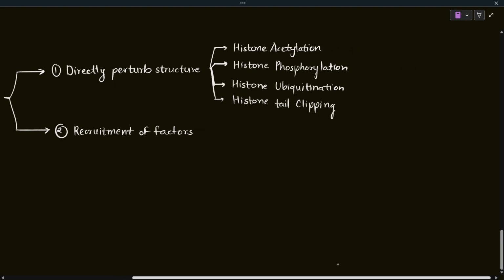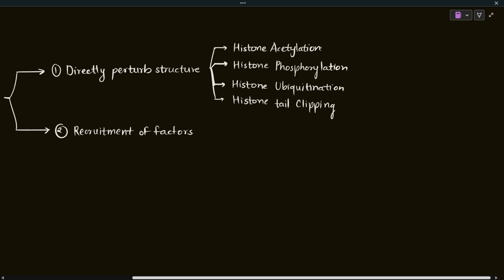In histone acetylation, the acetyl group is added on the lysine residue, and the addition of the acetyl group neutralizes the charge on the histones. Histones which are positively charged are now losing their positive charge.